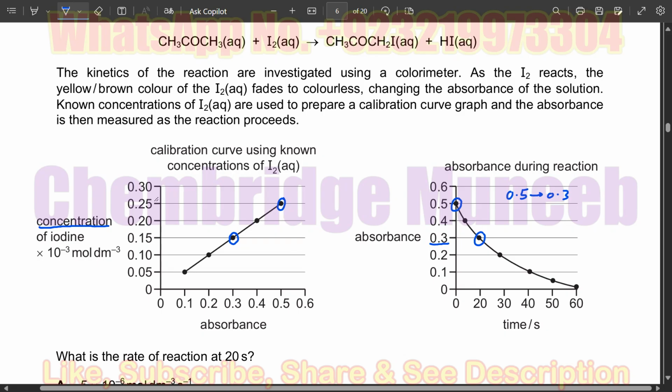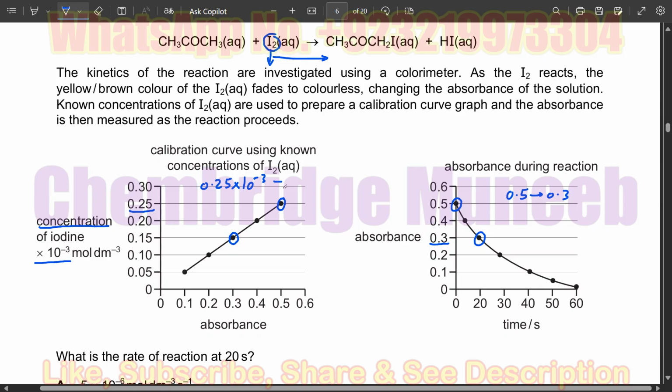At 0.5, the value is 0.25 times 10 raised to the power minus 3, and the value in front of 0.3 is 0.15. So that's the decreased amount, or the used amount, of the iodine. Since the reaction is moving in the forward direction, the iodine amount will keep decreasing.